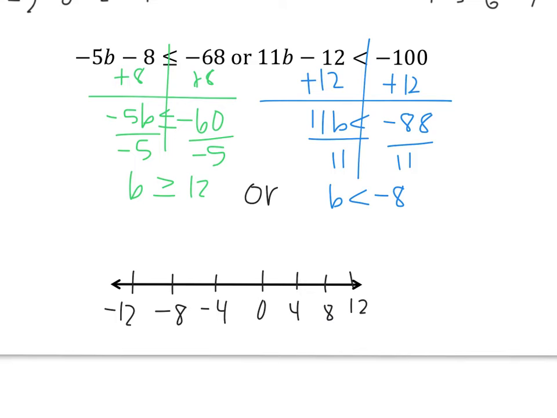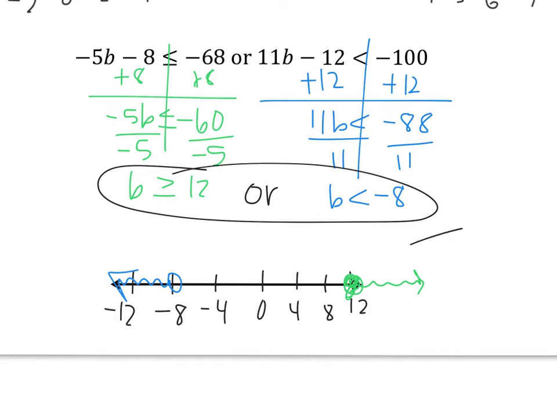So I will put b is greater than or equal to 12, a filled in circle at 12, shaded to the right. And then for b is less than negative 8, an open circle shaded to the left. And again, there should be a gap, and there is a gap right there. So this is a correct or statement. So again, I'll circle my solution set, and then there is my final graph.